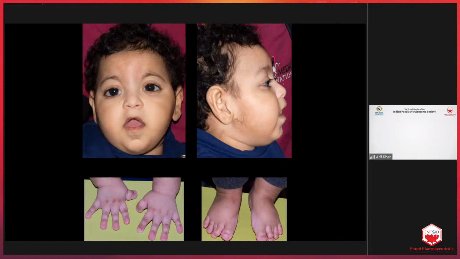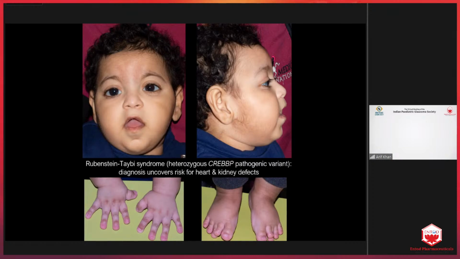Here's a child with glaucoma, but unlike the previous child, his distinctive facial and limb features suggest a particular gene and a particular diagnosis. Doing genetic testing to confirm the diagnosis molecularly confirms the risk for the specific extraocular features that are associated with problems in this gene.